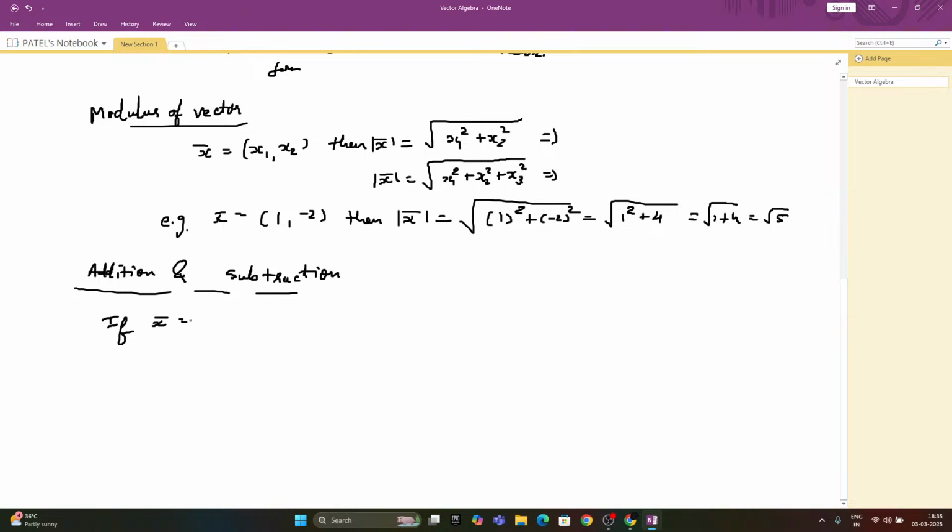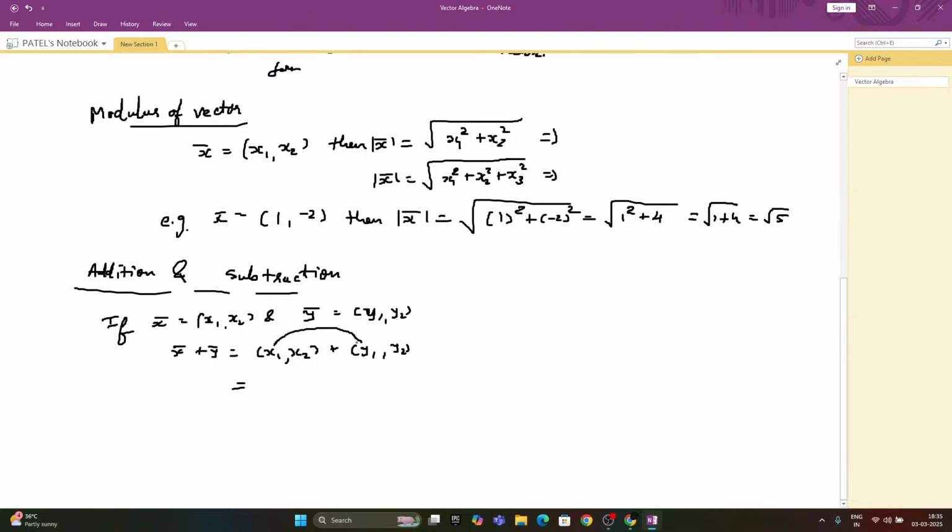If x bar equals x1 comma x2 and y bar, a different vector, is y1 comma y2. I am giving the example for two dimension; it is the same for three dimension. Then x bar plus y bar is x1 comma x2 plus y1 comma y2.